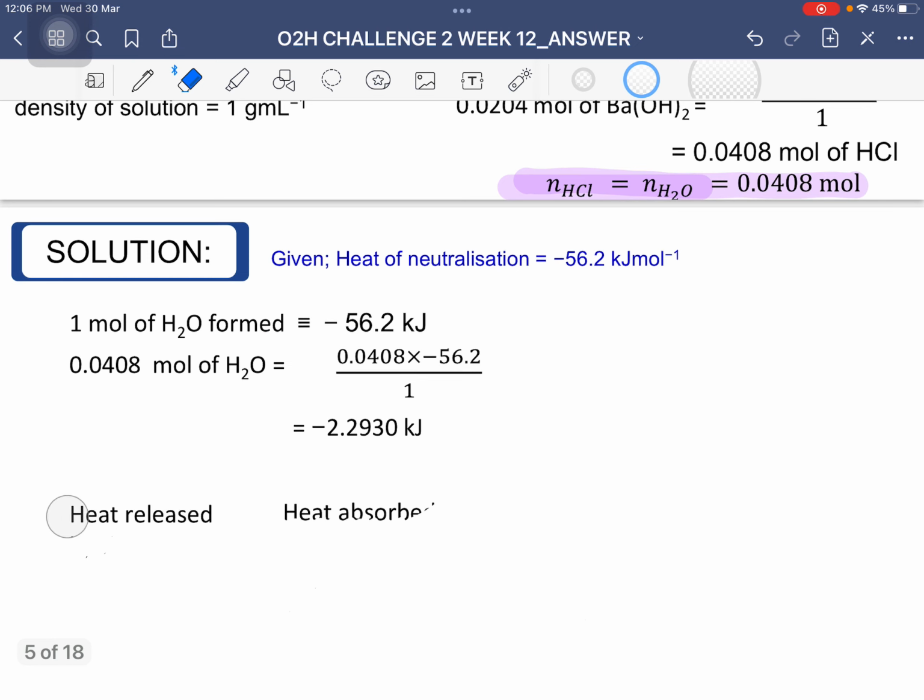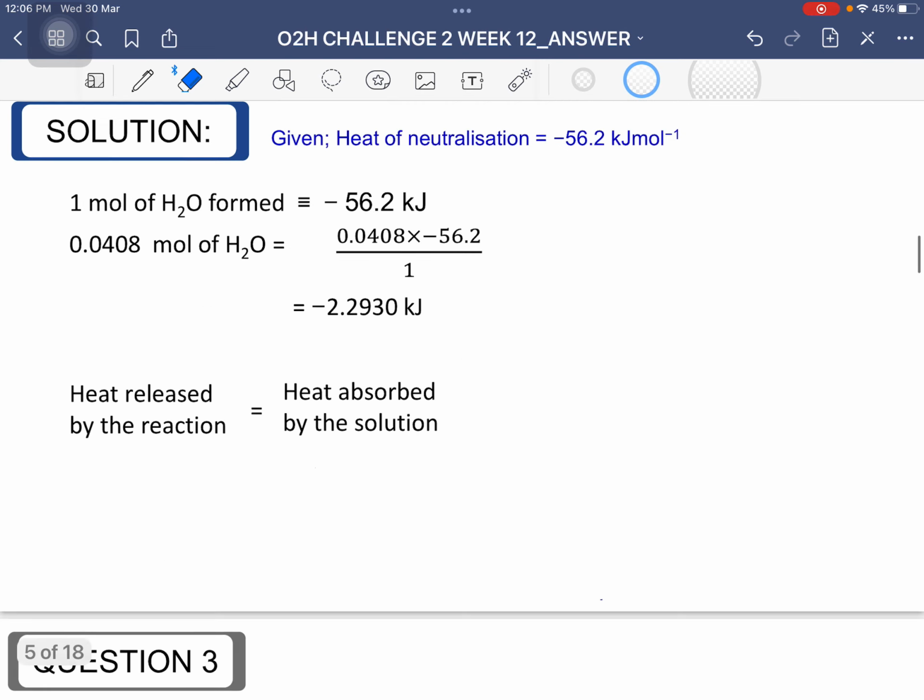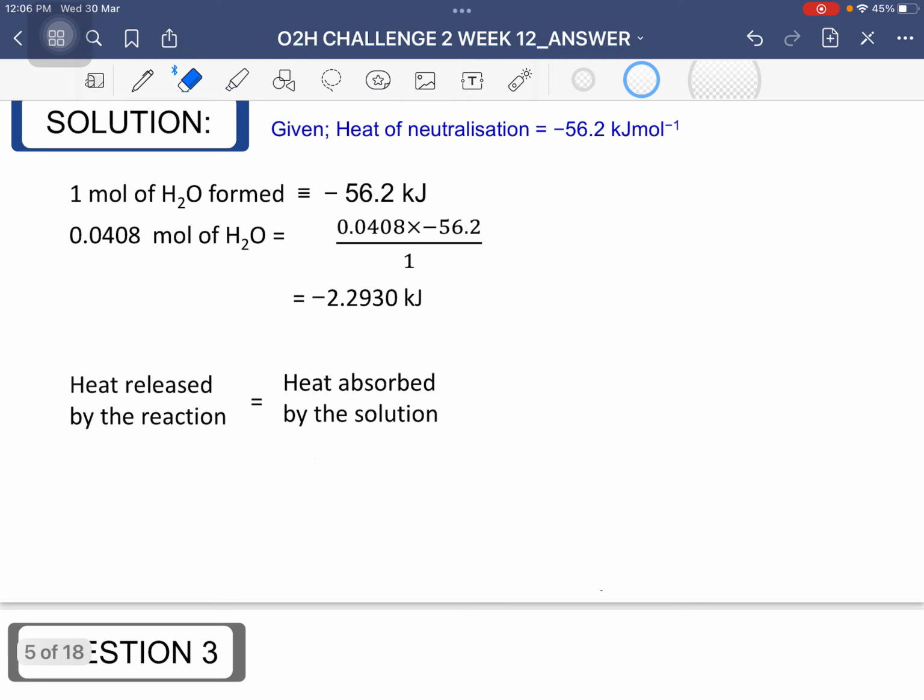Okay, therefore heat released by the reaction is heat absorbed by the solution. So sekarang kita nak kira lah, heat absorbed by the solution is mc delta T. Okay, formula dia. And then the heat of reaction daripada yang kita kira tadi is 22930. Kita convertkan kepada joule, substitute dalam mc delta T ni.